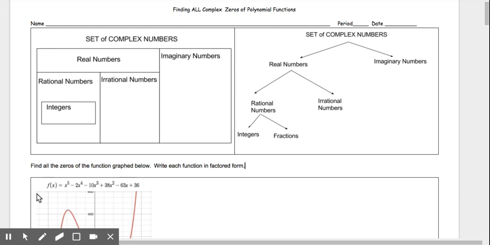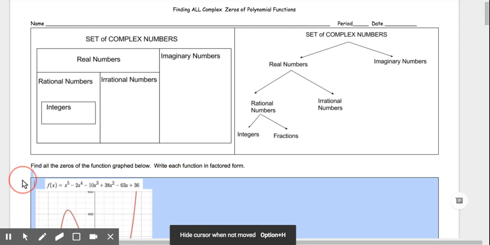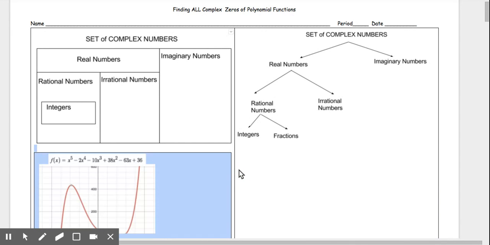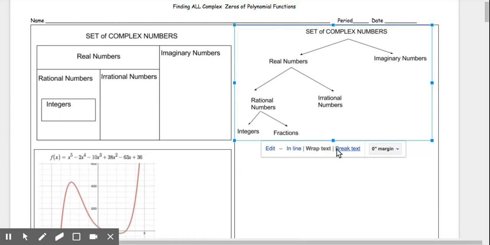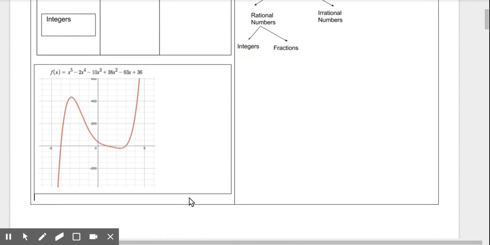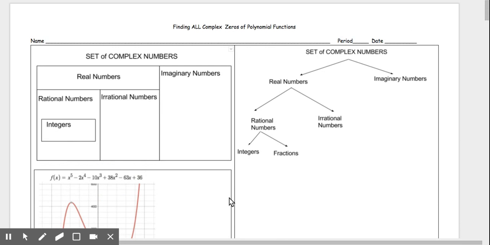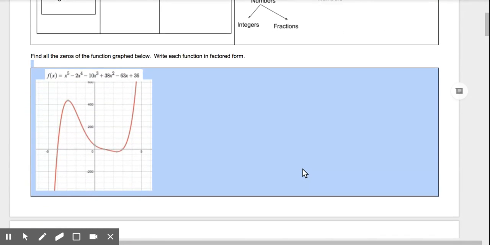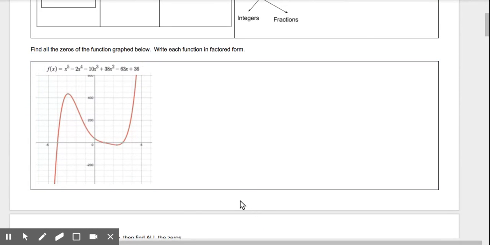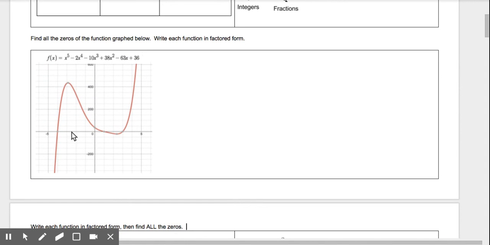So now let us find the zeros of some polynomial functions. So here, let's find all the zeros of the function graphed below, and then we're going to write the function in factored form.